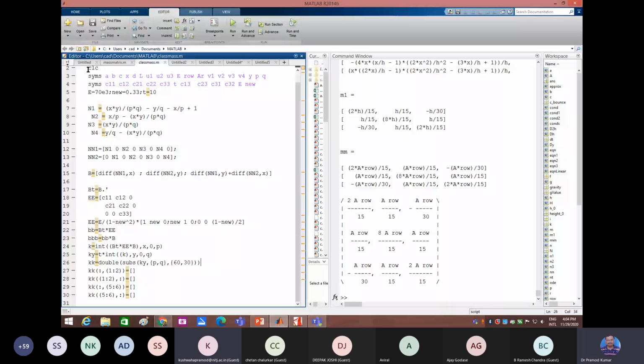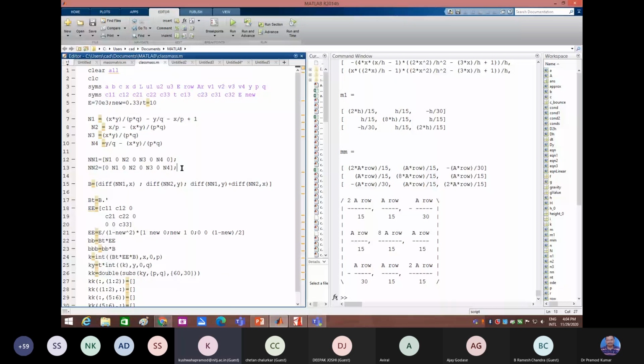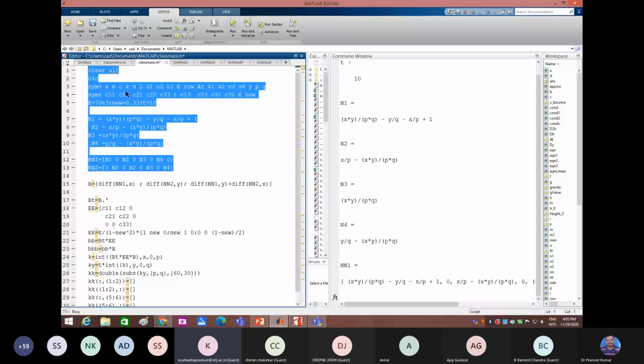We can run this N1, N2, N3. Just for your reference, I want that you should understand. This is N1, N2, N3, N4, N5, like this here.